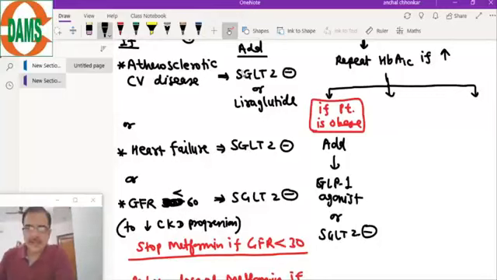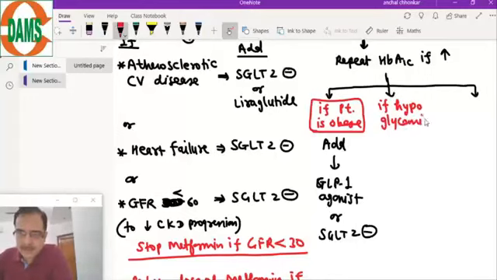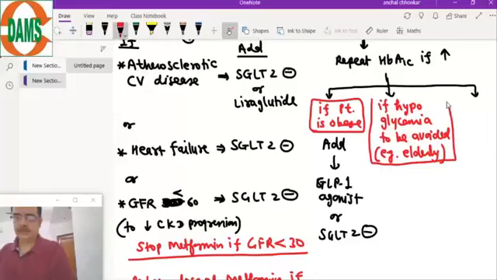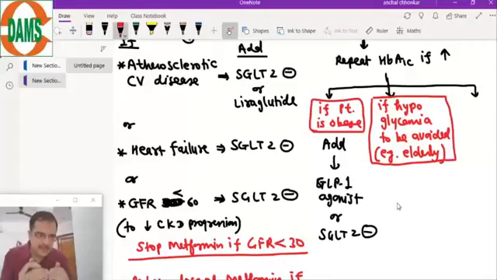Now, if the concern is hypoglycemia to be avoided, for example, elderly population. So in that group, we will give those agents which are safe for hypoglycemia in our table.